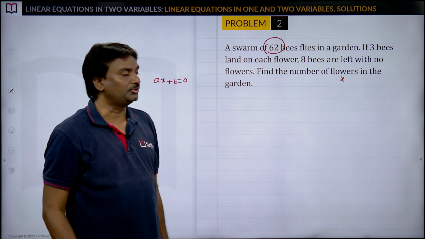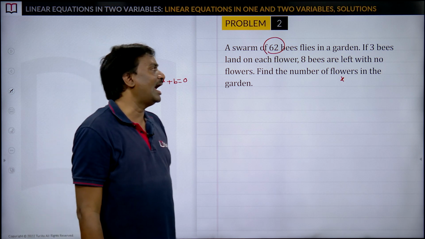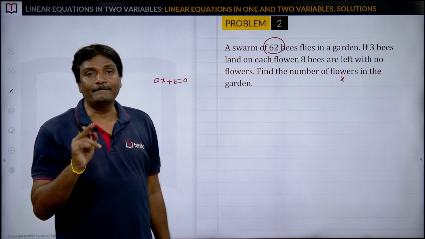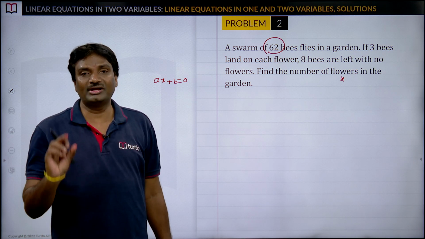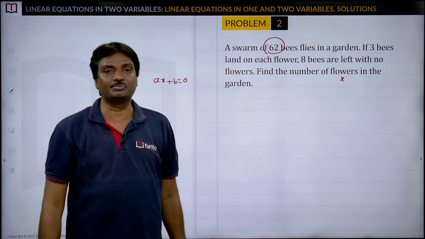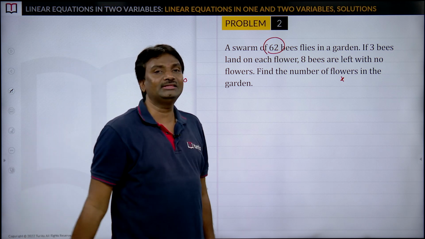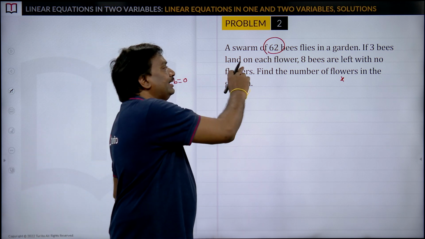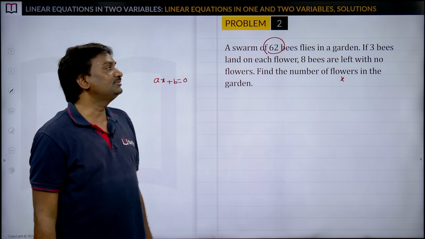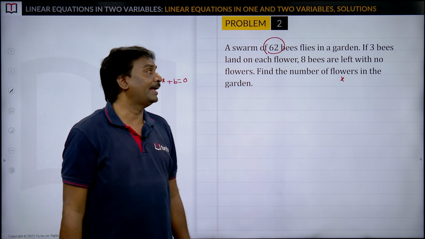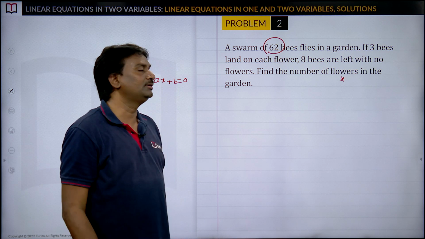If 3 bees land on each flower, the number of bees on the flowers equals 3 times x. For example, if 2 flowers are there, 2 into 3 is 6 bees. If 10 flowers are there, 10 into 3 is 30 bees. So, since the number of flowers is x, the number of bees on flowers equals 3x. 8 bees are left with no flower. The number of bees with no flower equals 8.